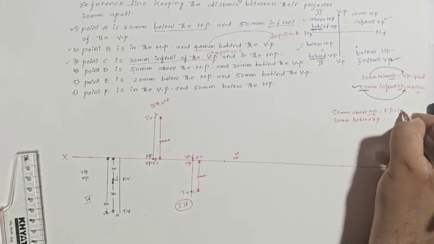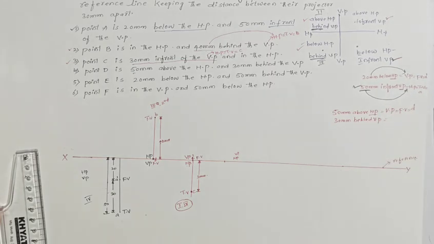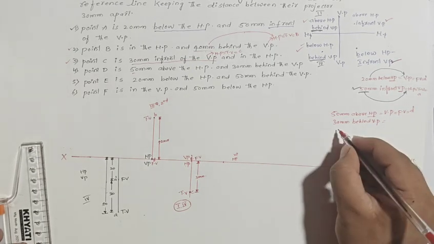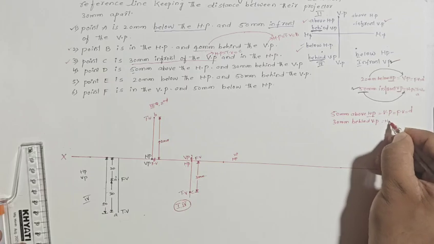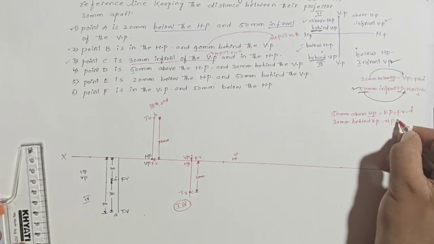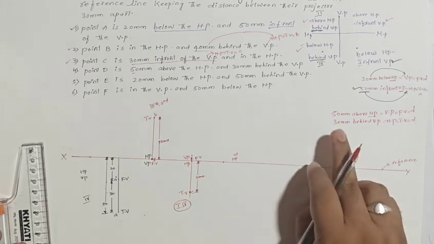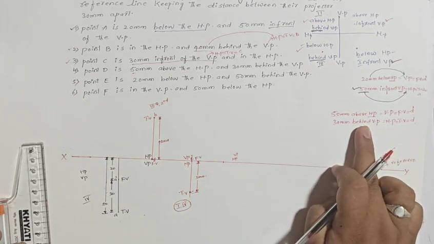VP, what can we say? Front view. Front view is represented as the point D dash. Clear? Then 30 mm behind the VP means resting on HP. HP, what can we say? Top view. It represents the point D. Clear? So which quadrant does it lie in? Above and behind, it lies in the second quadrant.